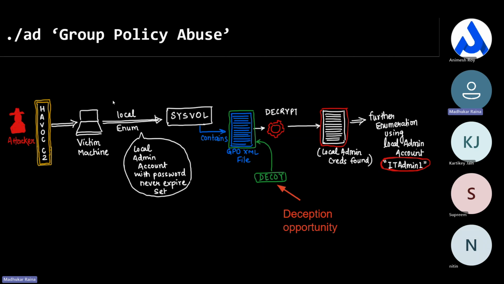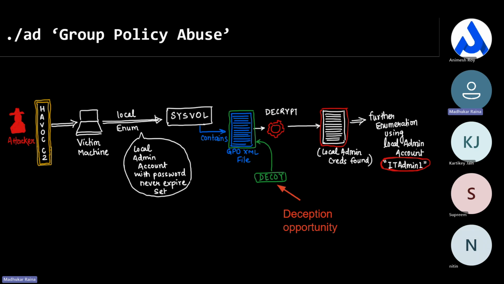We'll try to do local enumeration on this machine. We'll be able to find the local administrator account and password, and we'll try to see if it still works, because we found it using a technique called GPP preferences.